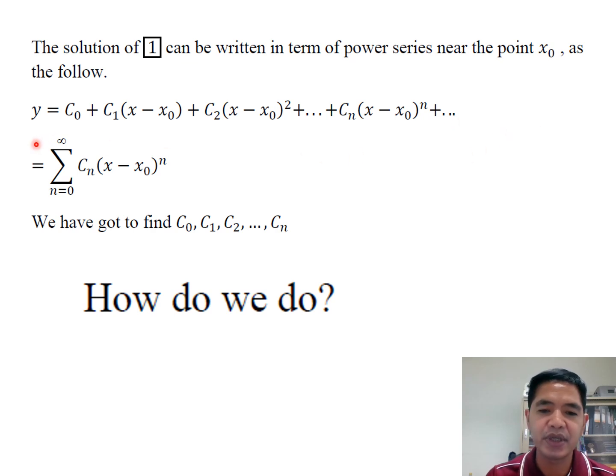Or we can write it in summation form, which is the sum of cn times (x minus x0) to the power n, from n equal to 0 to infinity. Here c0, c1, c2, and cn are just constants, and we also have to find these constants.